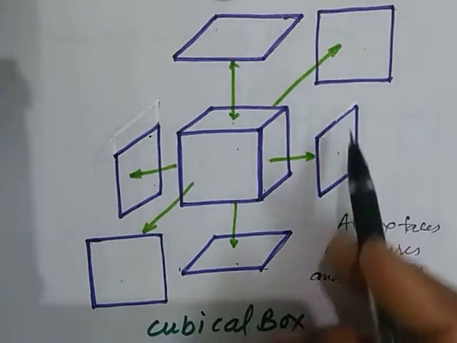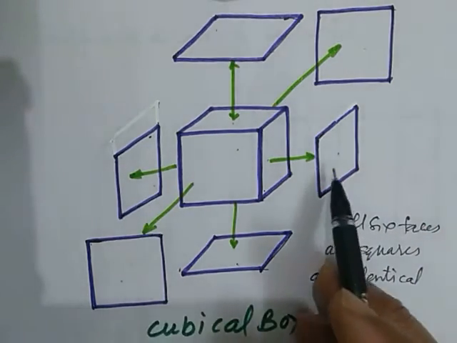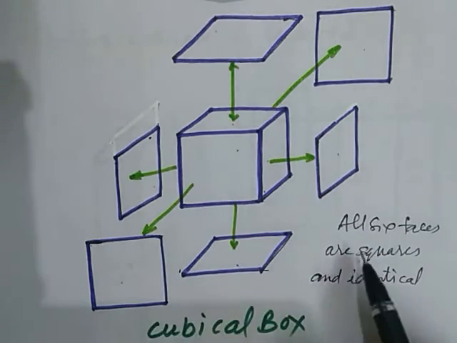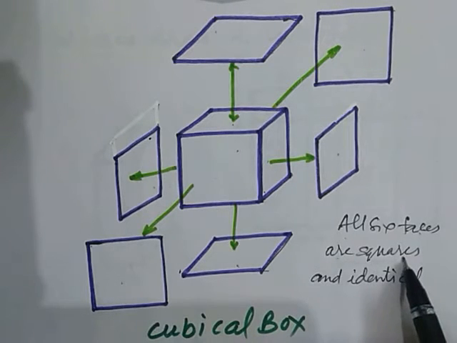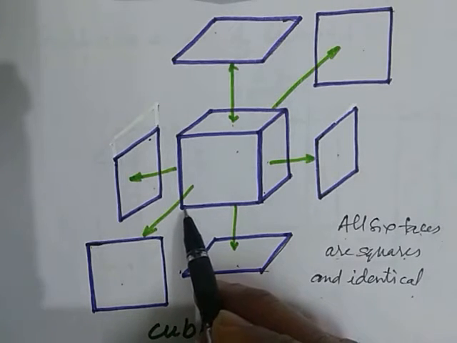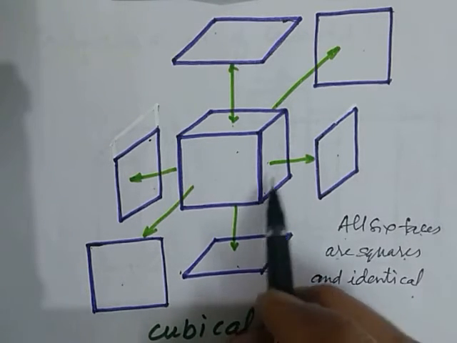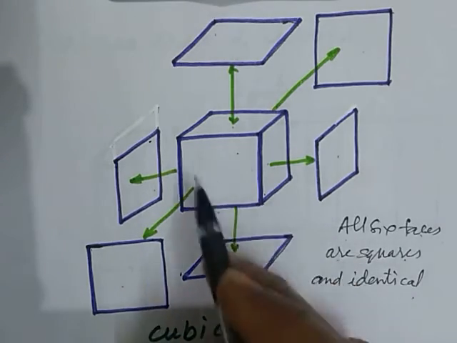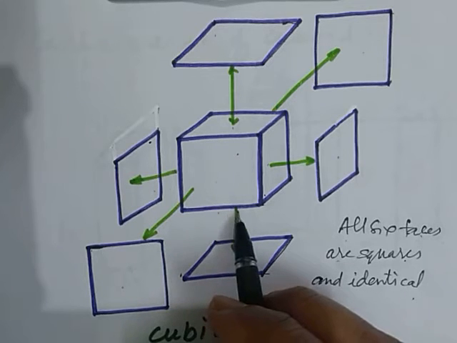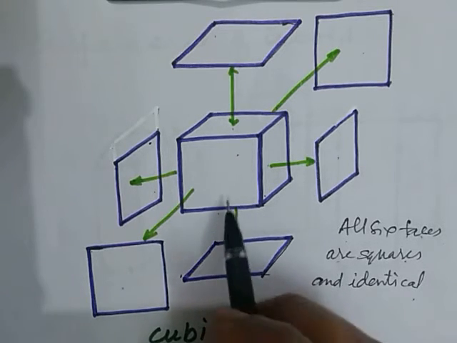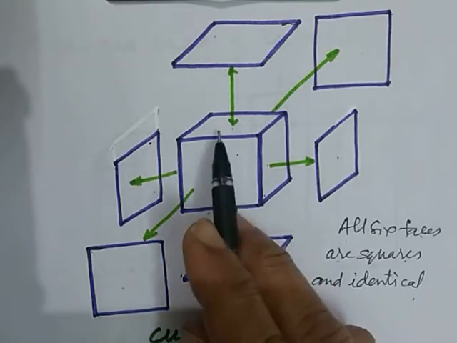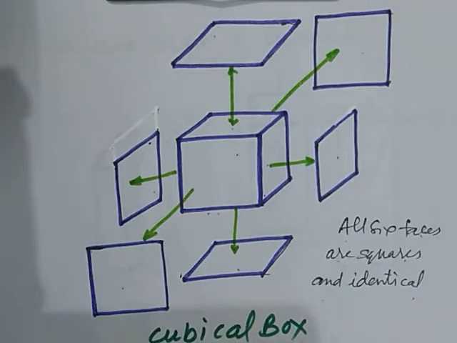Here there is an isometric view also, so they are not looking the same, but all six faces are squares and identical, because the sides, that is the edges of this cube, say the edge is a, all the edges are equal. So all the faces have the same dimension, a into a.